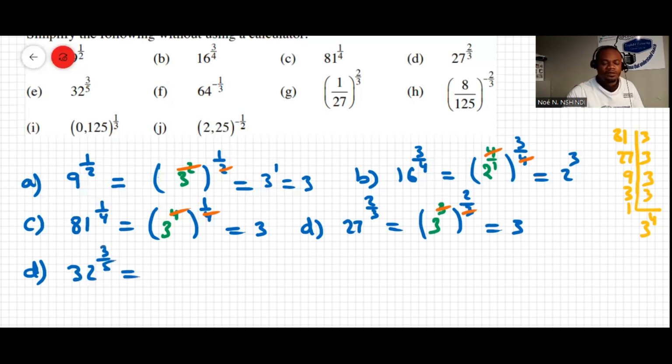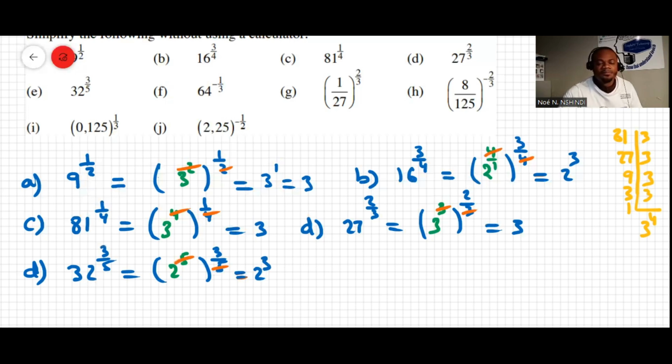And then 32 in terms of its prime factor is 2 to the power of 5. Again, you can simplify 5 and 5 there, and then the answer will be 2 to the power of 3, which is 8, right? 2 to the power of 3 is 8.